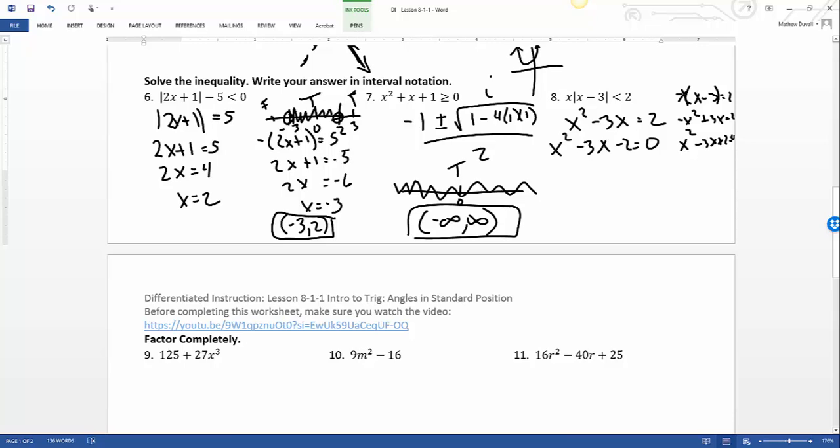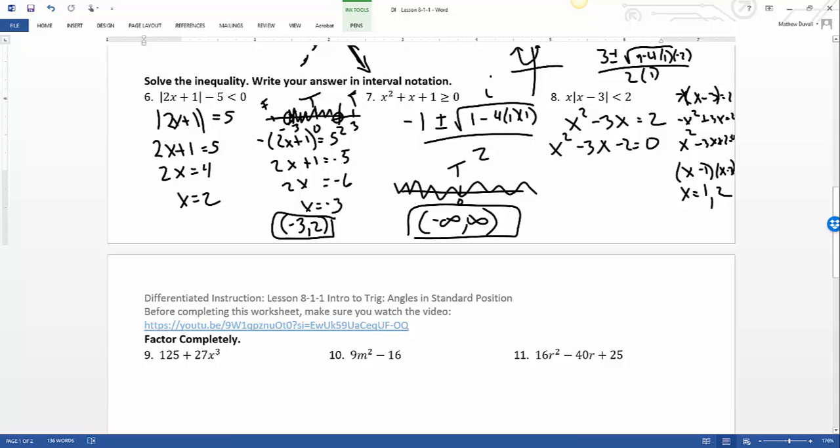So for this one, I can factor into x minus 1 and x minus 2. So I'm going to get x equals 1 and 2. For the other one, it doesn't factor, so using the quadratic formula, negative b plus or minus the square root of b squared minus 4 times a times c, all over 2 times a.